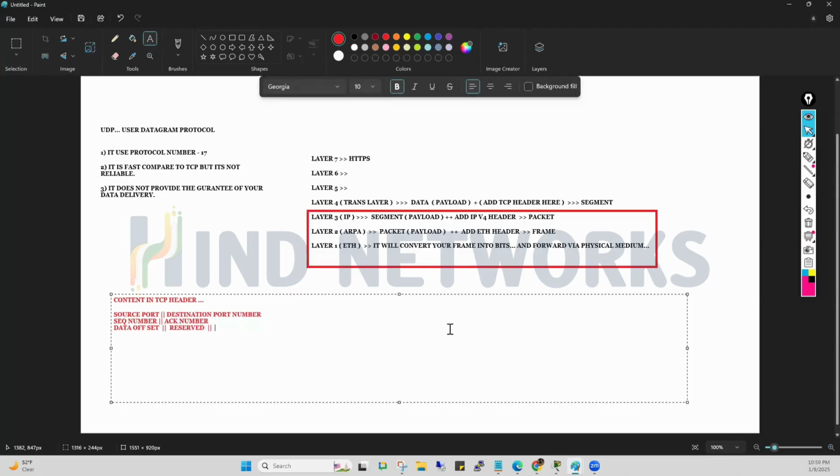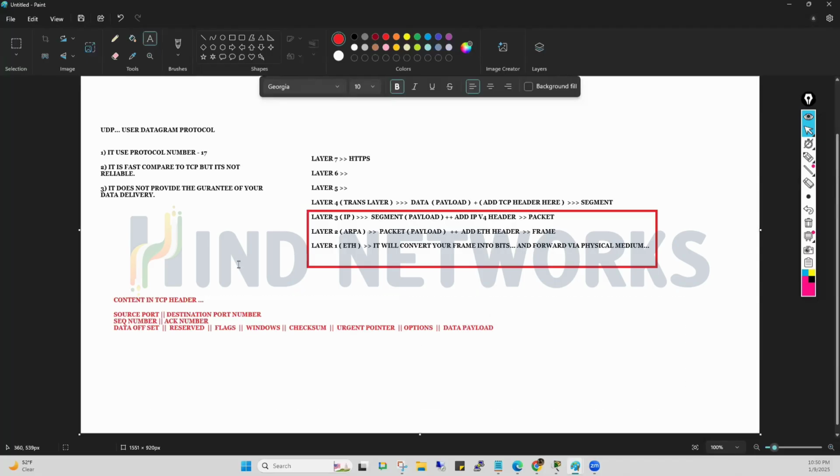Then flags. After that, window size. After that, checksum. Then urgent pointer field, options, and data, or you can say payload. That is the content inside the TCP header.